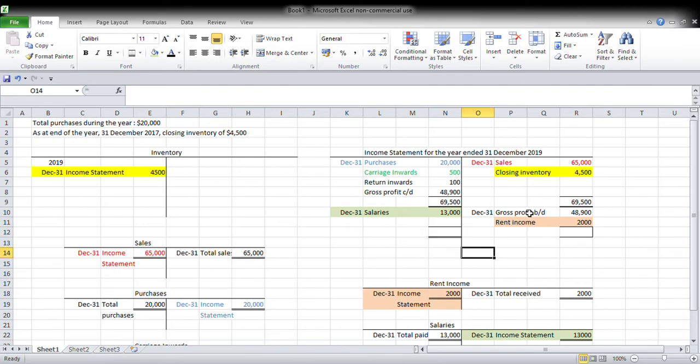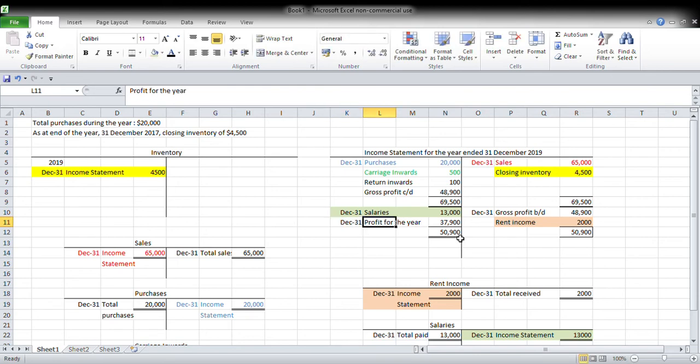My gross profit plus income is more than my total expenses. So let's calculate. This total is also equal to this side, and so I would have a figure here which is equal to this figure minus this figure, and this will be my profit for the year.